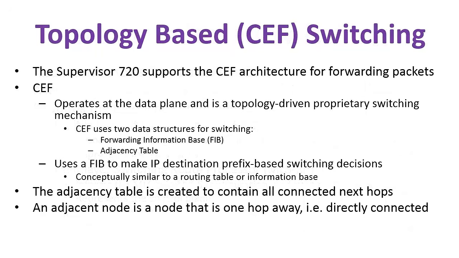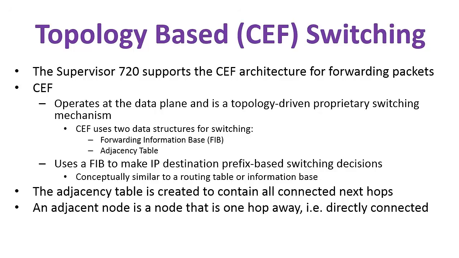The Supervisor 720 supports CEF architecture for forwarding packets. CEF operates at the data plane and is a topology-driven proprietary switching mechanism. It uses two data structures for switching: the forwarding information base and the adjacency table. It uses the FIB to make IP destination prefix-based switching decisions. The adjacency table is created to contain all connected next hops.